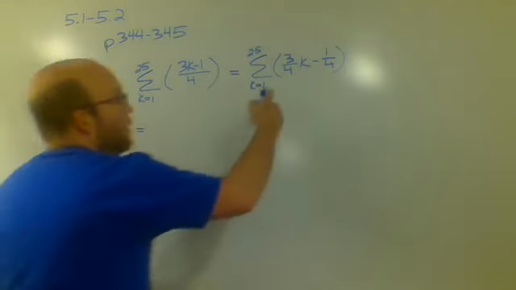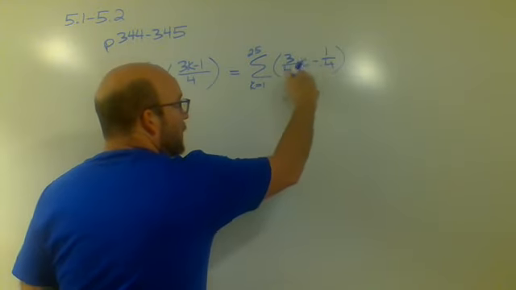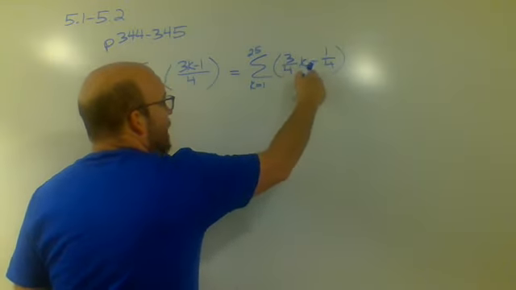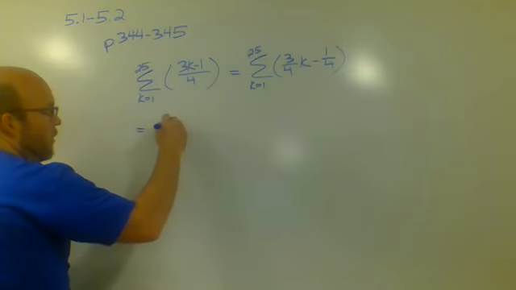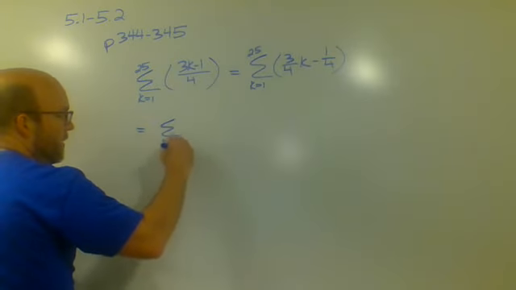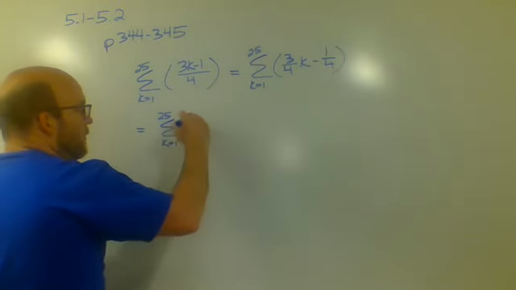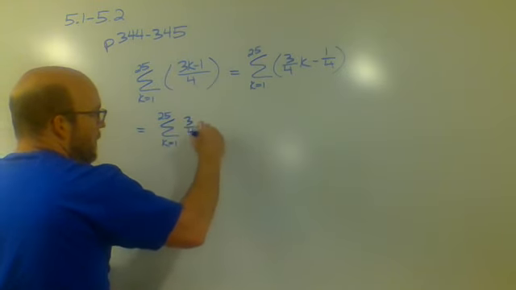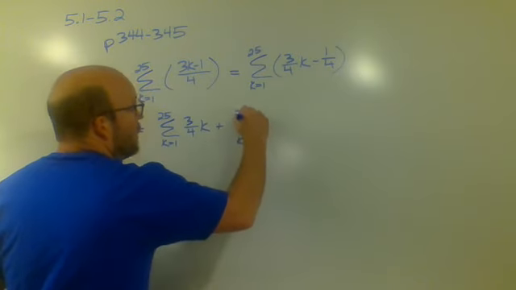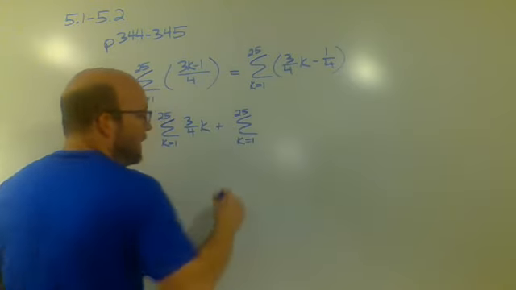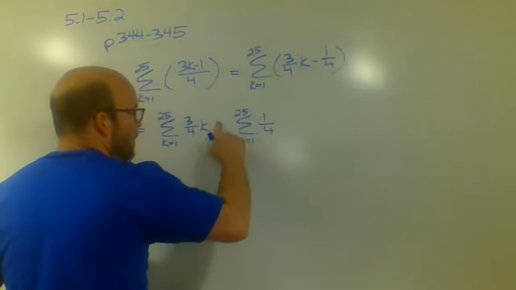Then after that, we said earlier that the sum of an expression here is the same thing as the sum of each individual term. That was one of the general formulas. So again, we're keeping the exact same upper and lower limit, but this is the sum of 3/4 k, sorry, not plus, that was subtraction up there. So this should be a minus the sum.